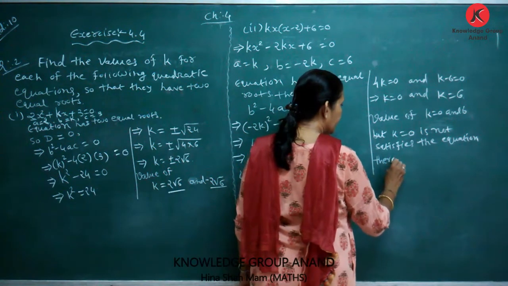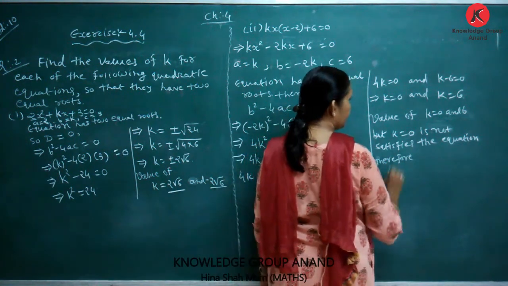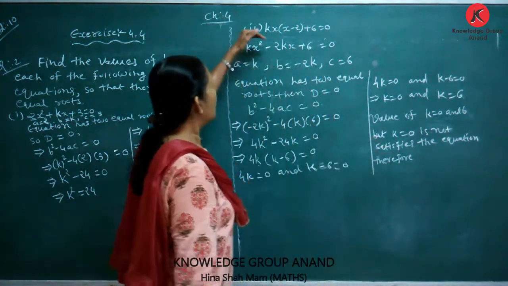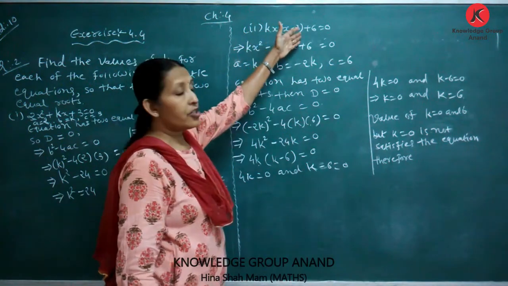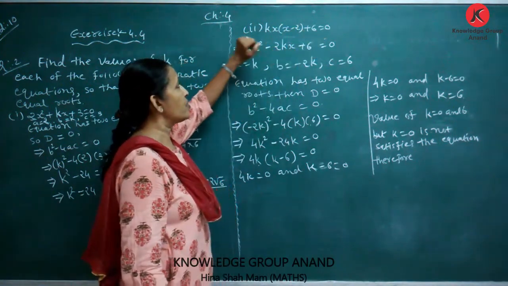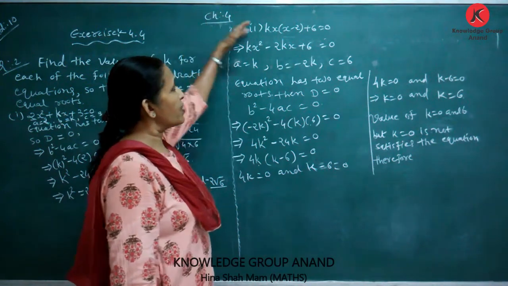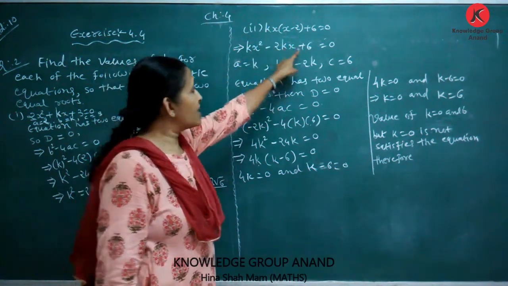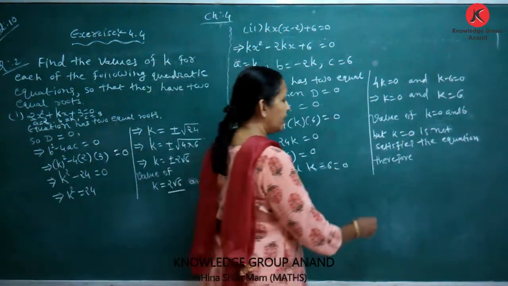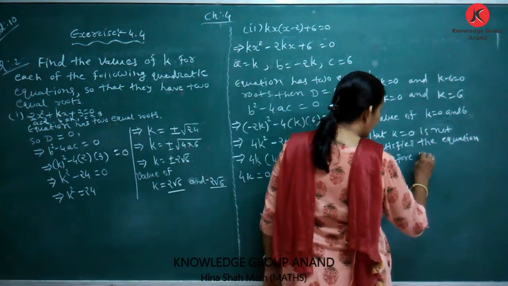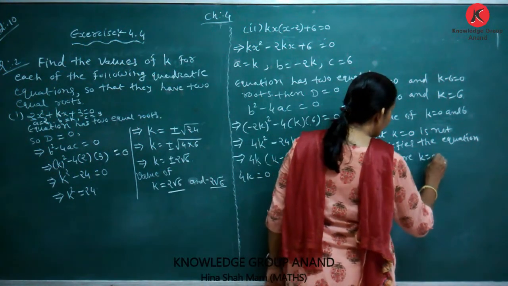Therefore, for 6, putting 6x into x minus 2 plus 6 is equal to 0, this satisfies the equation and therefore k is equal to 6.